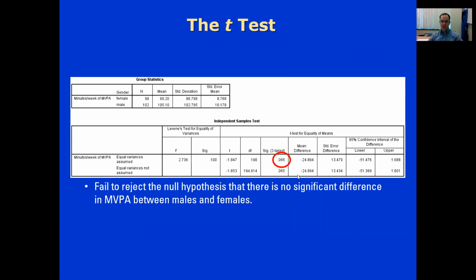The two-tailed significance was 0.066, which is greater than 0.05, so we fail to reject the null hypothesis that there is no significant difference between males and females.